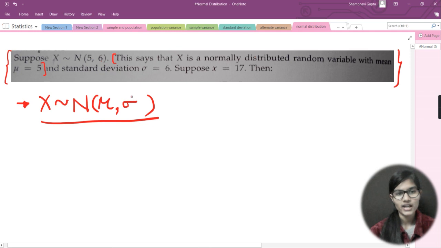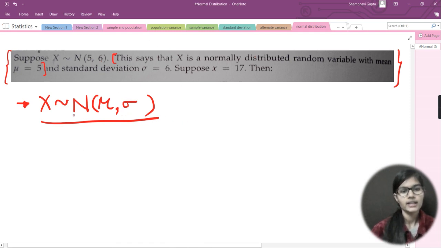If this line was not given here, you could still do this question. Why? Because I have already told you that whenever it is written x belongs to N, in the brackets the first term is the mean and the second term is the standard deviation, in the form x belongs to N(mu, sigma), right?